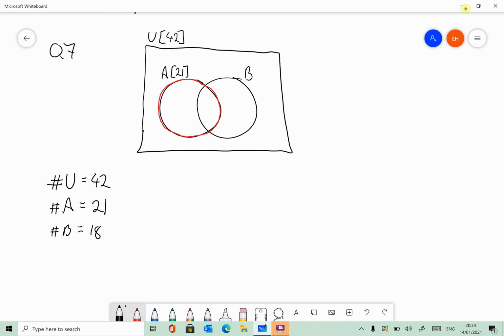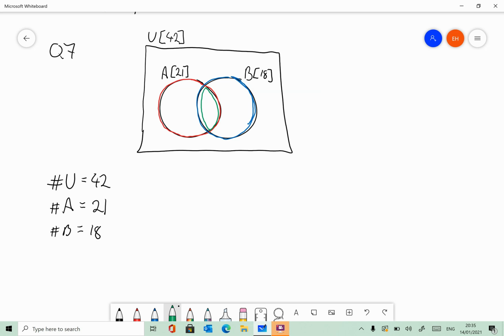That means that in this blue circle, there are 18. Now, the problem is that there could be some people who are in this zone in here, in the green zone. So we need to work out how many people are in that green zone.